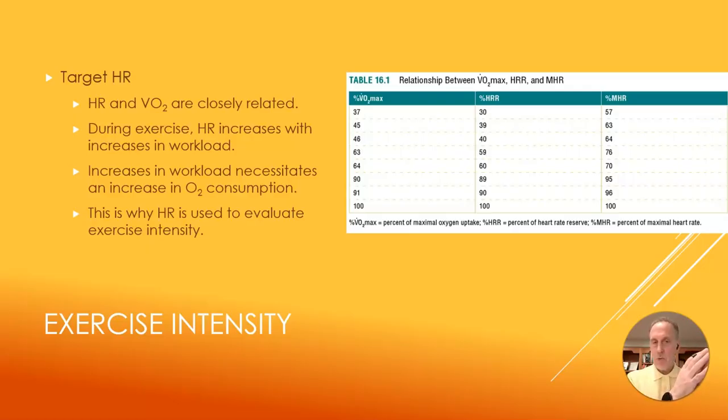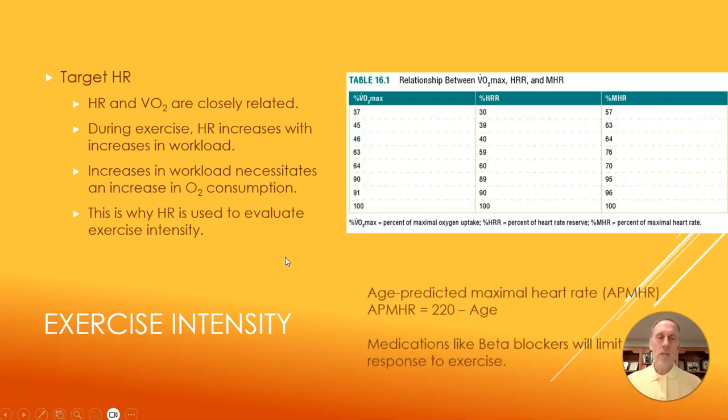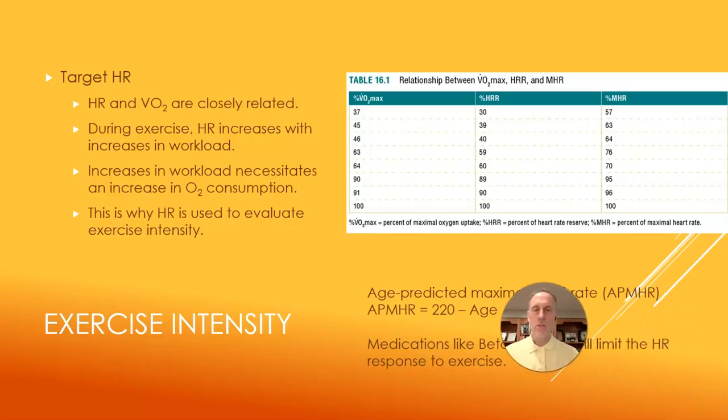And when you get to 100%, 100% is 100% across the board. So it's a good chart. I like it. It kind of gives you the idea of the variability you see in the lower percentages when we start talking about heart rate in exercise, and the absoluteness that you see when you get to the higher percentages.